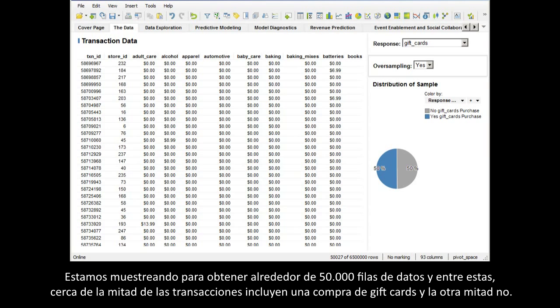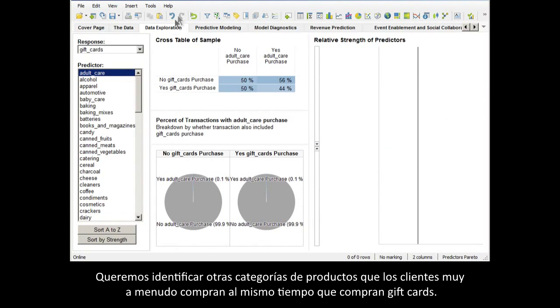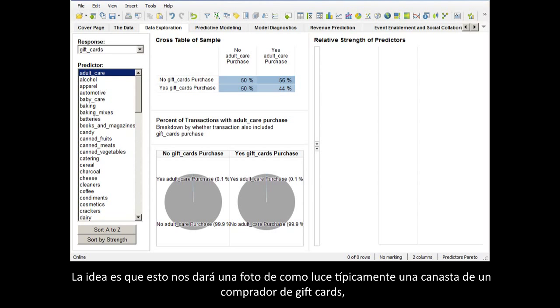We are sampling to get about 50,000 rows of data, and among those, about half of the transactions include a gift card purchase and half do not. We want to identify other categories of products that customers very often buy at the same time as they buy a gift card. The idea is that will give us a picture of what a gift card buyer's basket typically looks like.